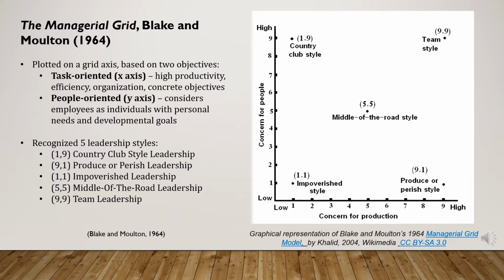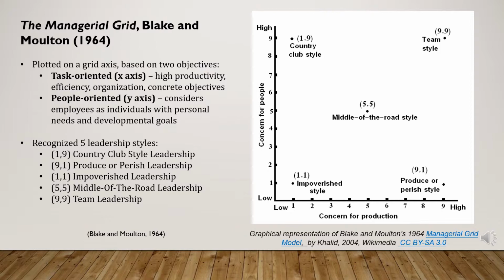Blake and Mouton recognized there were 5 leadership styles. A leader that was concerned mainly about people but not as much about productivity was considered to have a country club style leadership. For leaders that were more concerned about productivity but not concerned about people, this would be a produce or perish type leadership.